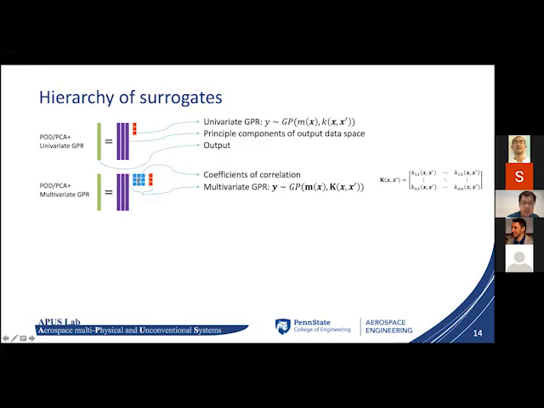They are just two sets of matrices, and maybe it doesn't make sense that we just keep this matrix multiplication inside this model. I mean, they are just numbers eventually. So the thing is, why don't we just combine them, and then we learn the coefficients of correlation directly, but hopefully they can also represent the principal components of the output. So this leads us to what we call a full multivariate GPR, where we just get rid of the principal components.